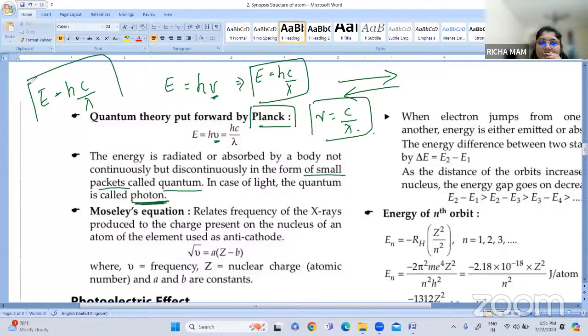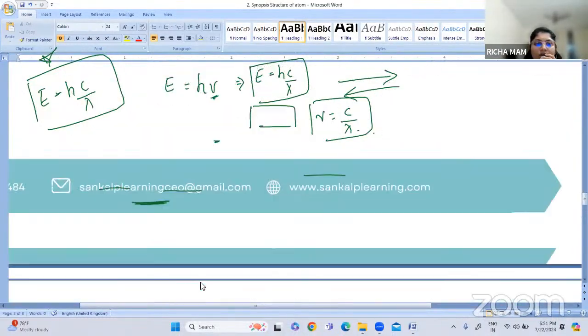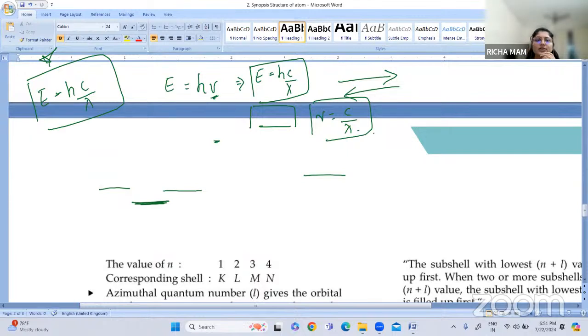Please make a note of this formula, because we are going to solve problems using it. Quantum numbers and all, we will see later. Based on this, let us solve some problems now.